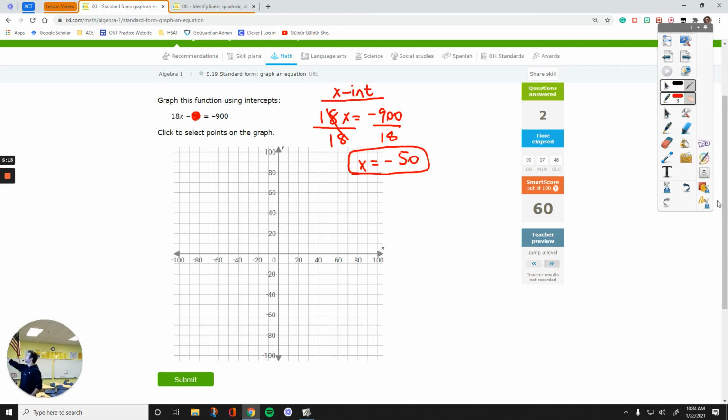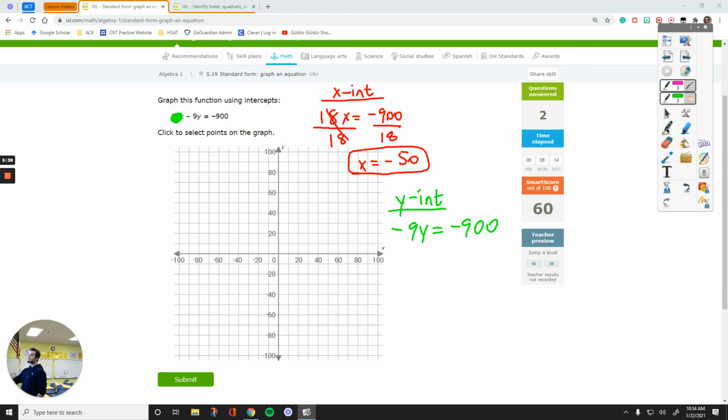And then figure out the y-intercept. Let me just get rid of this part over here. By ignoring the term with the x, negative 9y equals negative 900.